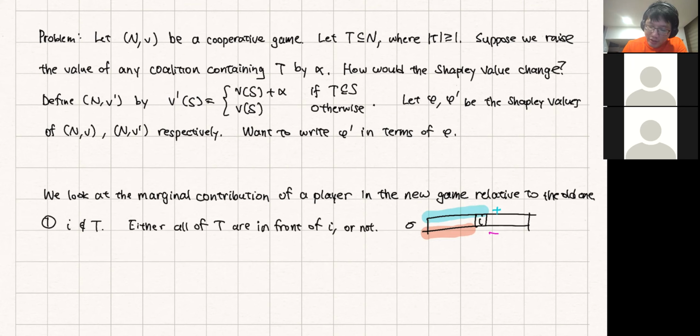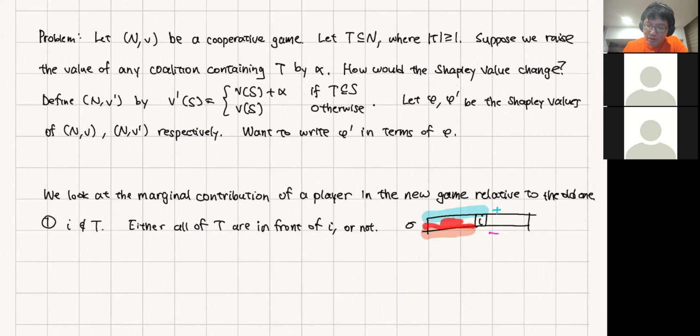If T is entirely inside here, what does that mean about the values of these two coalitions? If T is entirely inside here, then the value of this coalition will increase by alpha, because T is inside here.